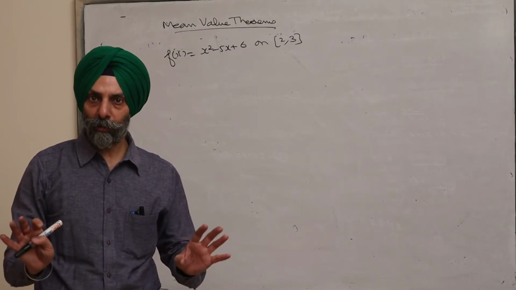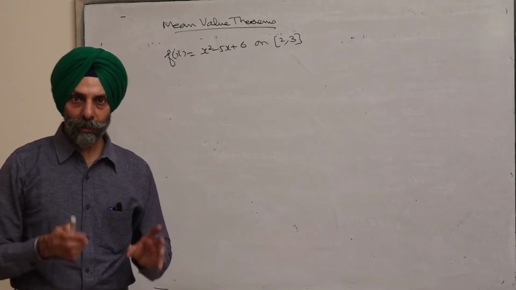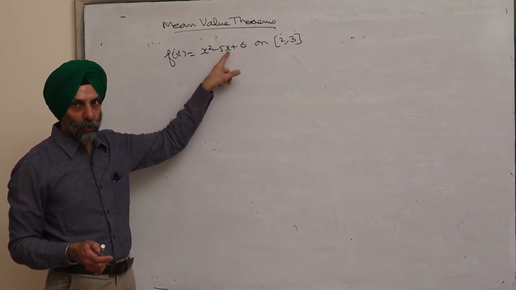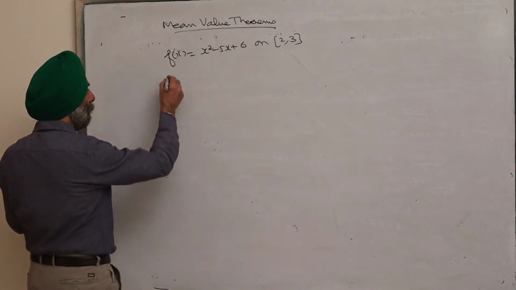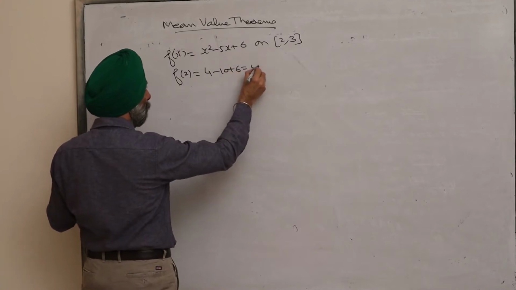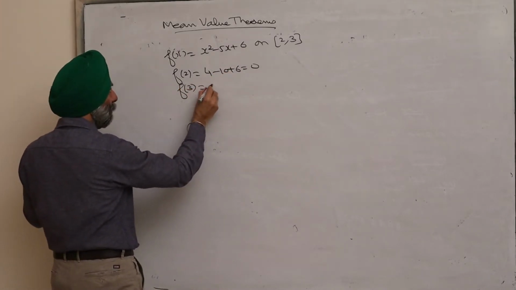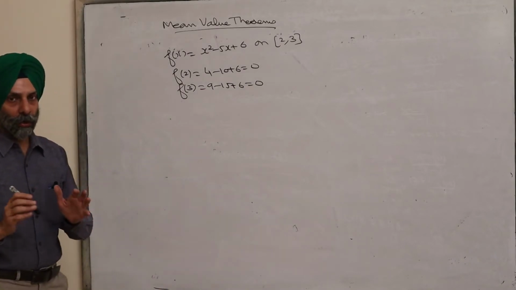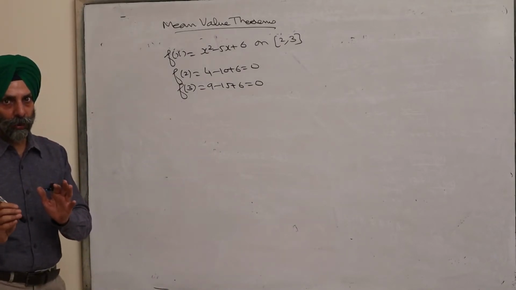Straightaway we are going to write down these two things. Now what is f(2)? It is 4 − 10 + 6, which is 0. What is f(3)? It is 9 − 15 + 6, that is also 0. So that means all the three conditions of Rolle's theorem are satisfied.